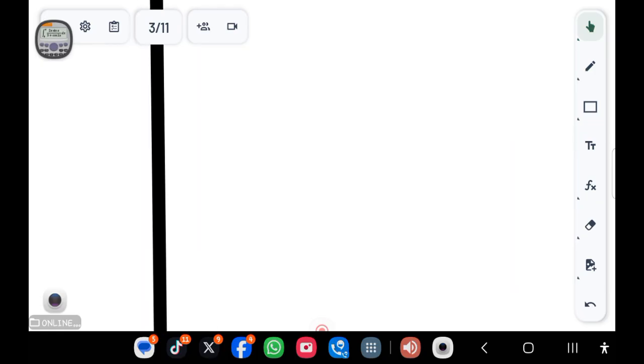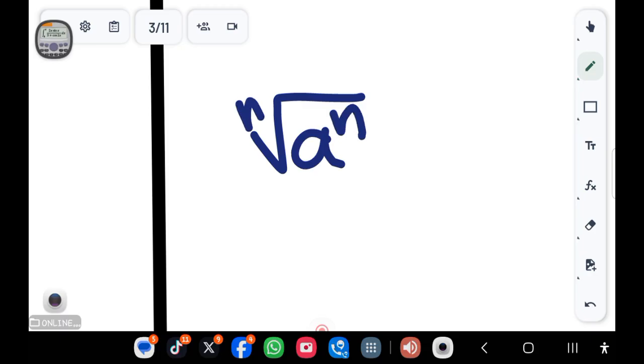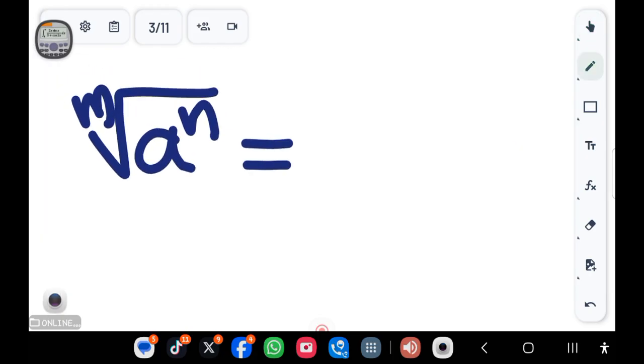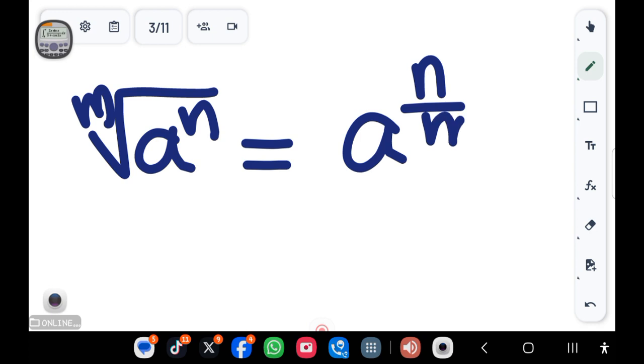It's very easy. So according to your surd, when you convert this, the mth root of a to the power of n is simply equal to a to the power of n over m.